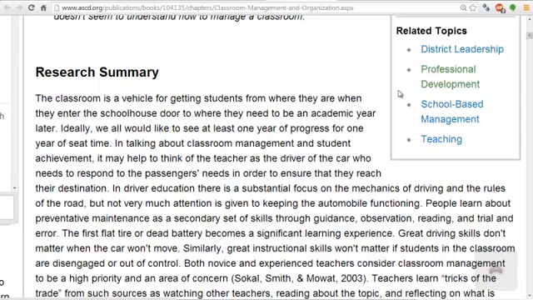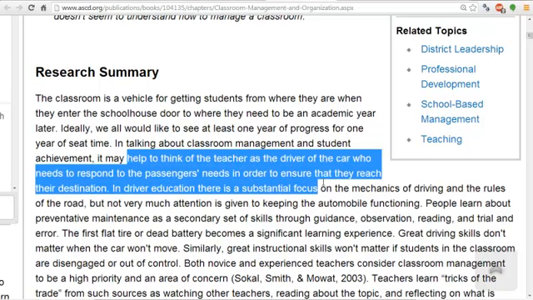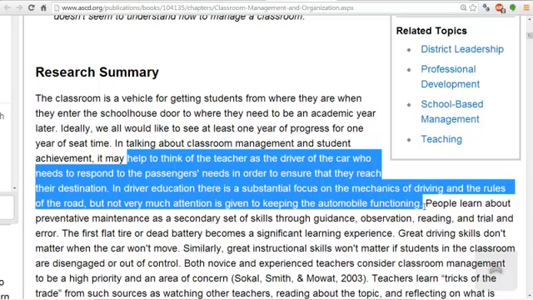So classroom management, it might be helpful to think of you being a driver of a car in which your students are riding, and you need to get them to their destination.